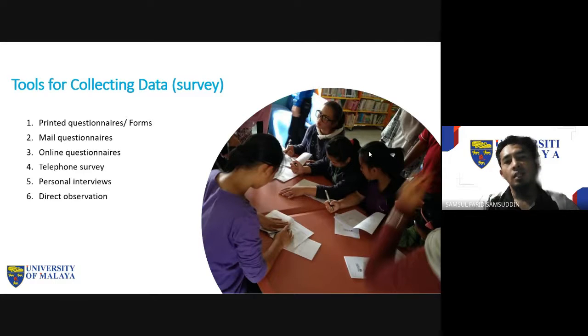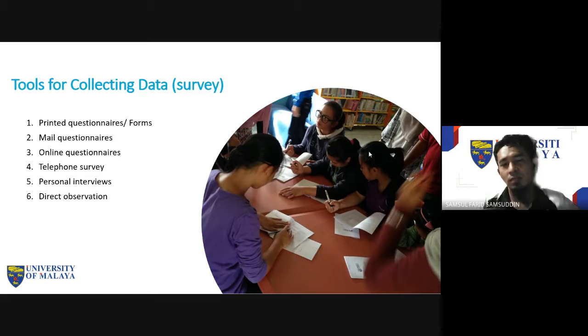And then personal interviews can also be one of the survey methods. If your respondents tend to be elderly citizens, or communities that are not literate enough to read or write, maybe you have to conduct these personal interviews, not asking open questions, but with a set of questionnaires.